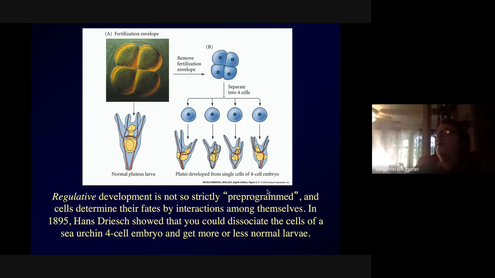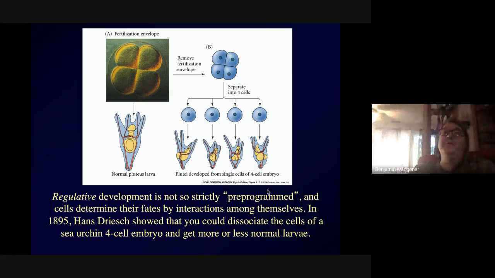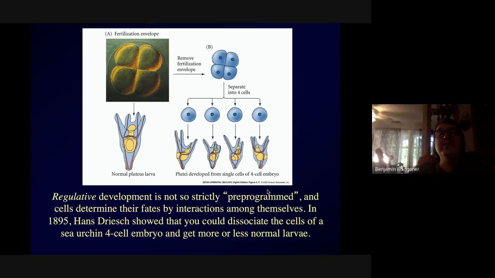You can't do that with snails because 3 of the 4 cells don't have those polar lobe cytoplasmic determinants, and any embryo that comes from them is never going to develop any mesoderm.